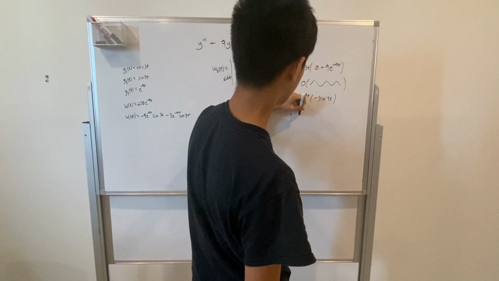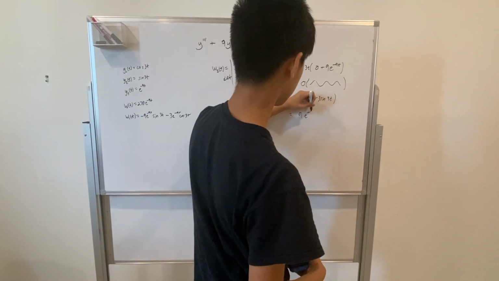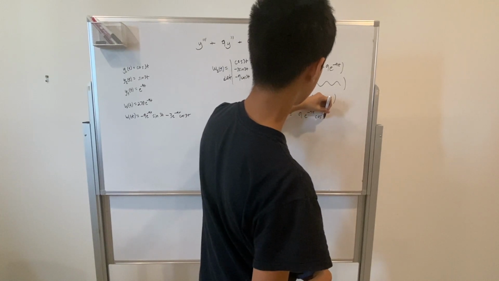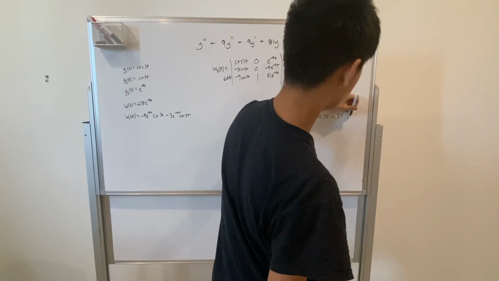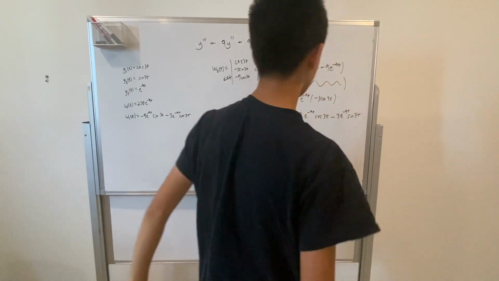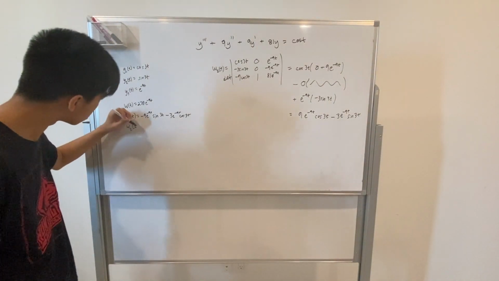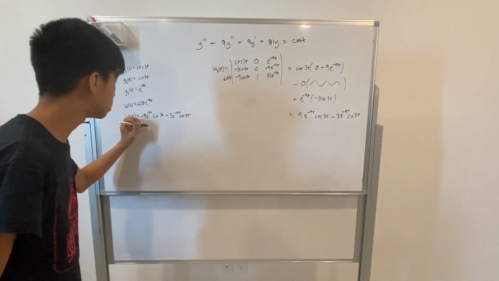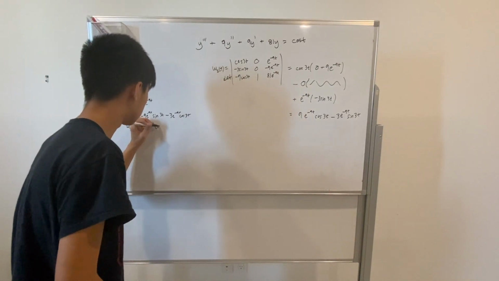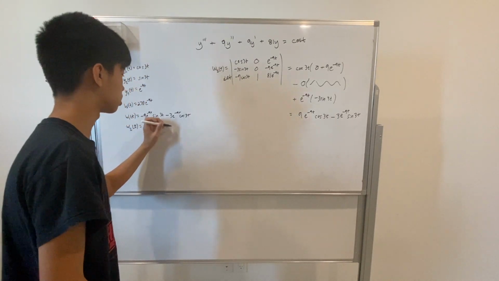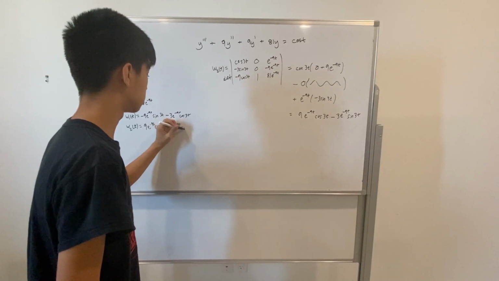That's equal to, let me put the e first, e to the negative 9t cosine of 3t minus 3 e to the negative 9t sine of 3t. So let's put that here, 9 e to the negative 9t cosine 3t minus 3 e to the negative 9t sine 3t.